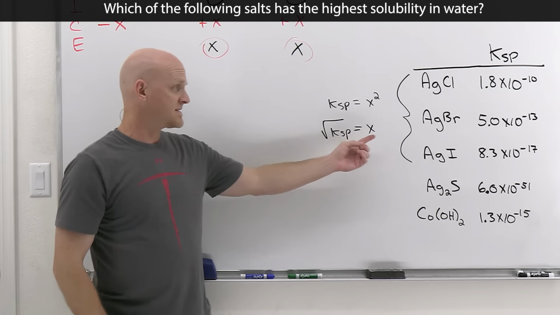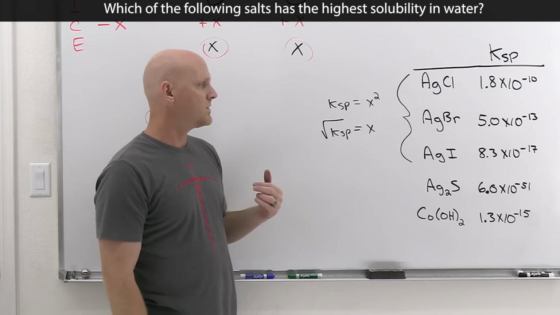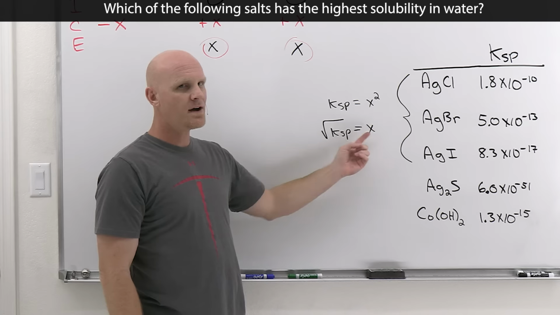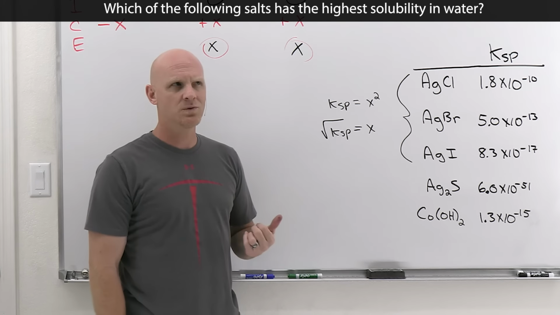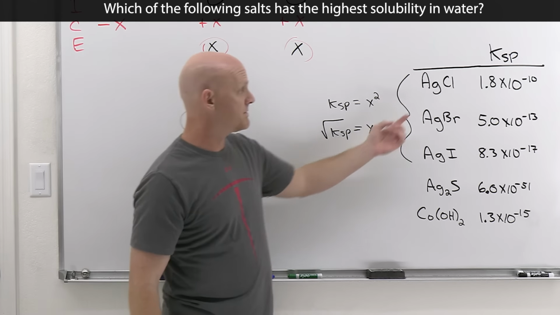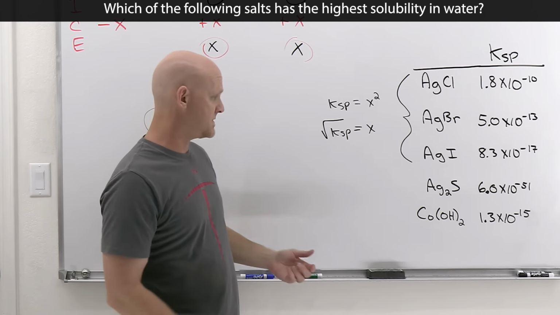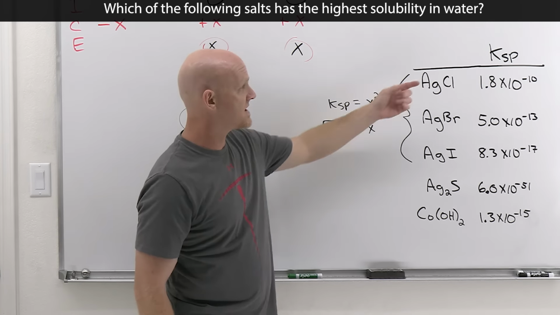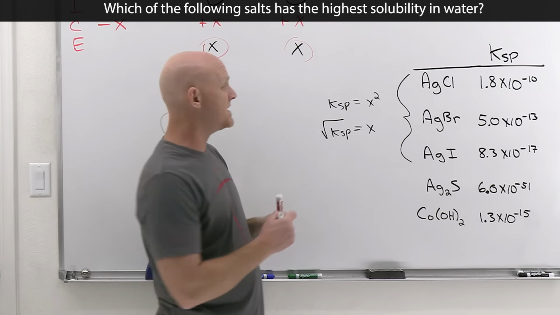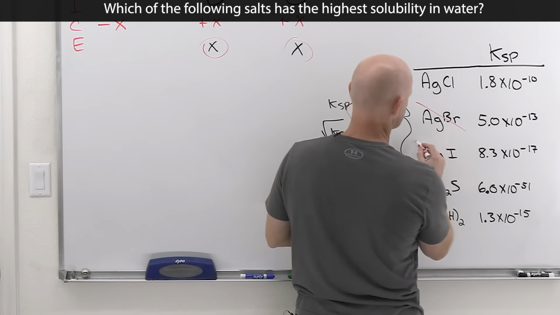Because they all have this relationship between the Ksp and their molar solubility, if I want the largest value of x, whichever one has the largest Ksp would have the largest value of x. So in comparing AgCl, AgBr, and AgI, I could just compare the Ksps. Because AgCl has the highest of the Ksps out of those 3, we can rule out the other 2 as possibilities.